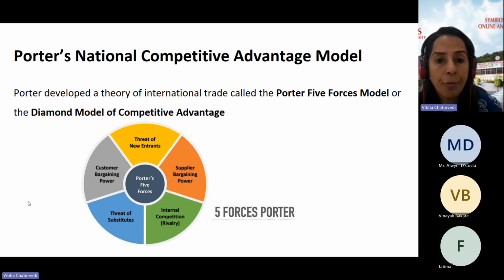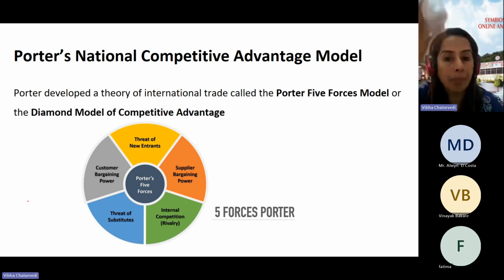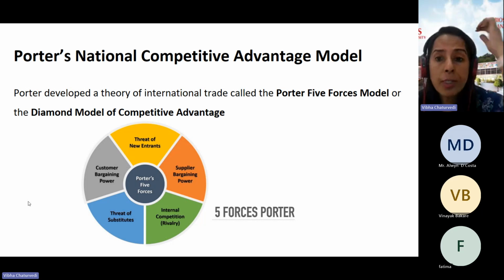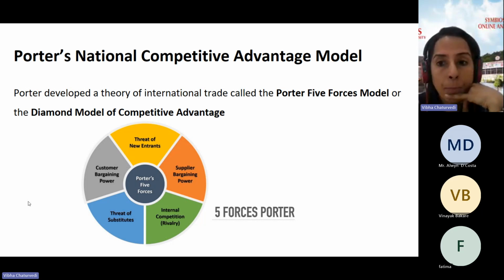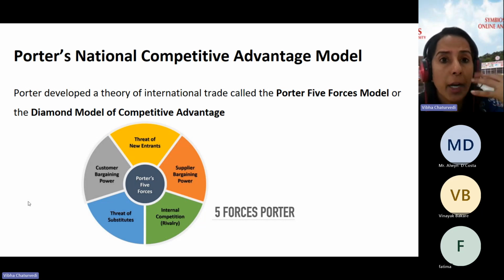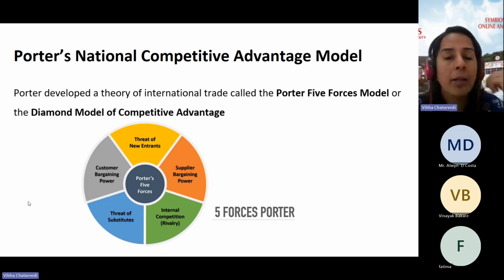And these five forces are displayed on the screen. It was first described by Michael Porter in 1979 in a Harvard Business Review article. And his insights brought about almost a revolutionary change in the strategic field, and they continue to shape business practice and academic thinking today.